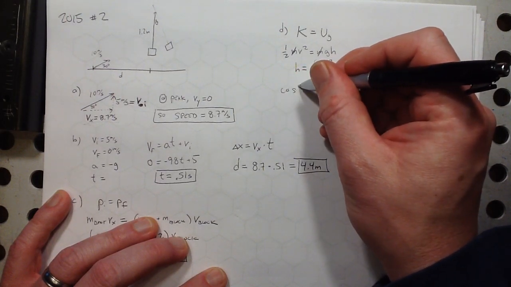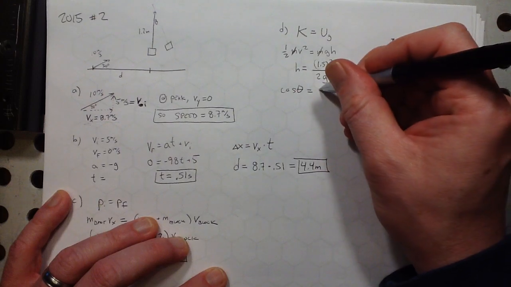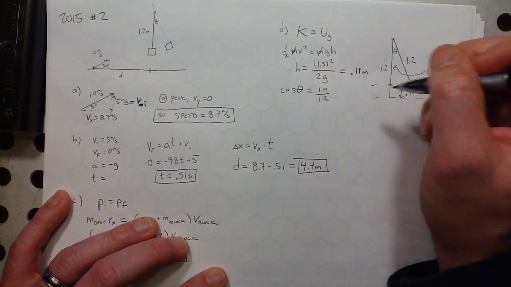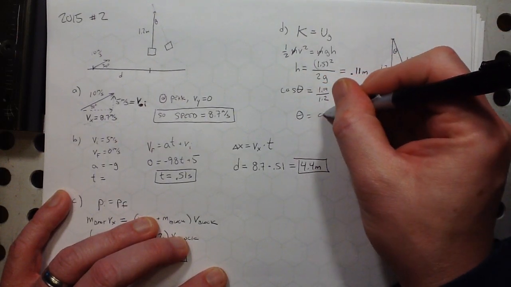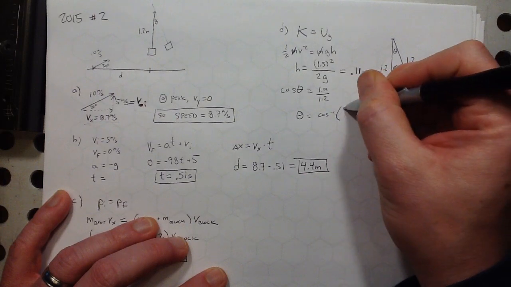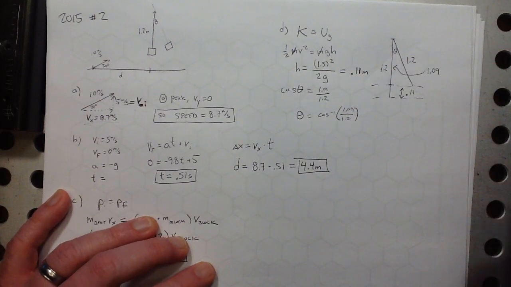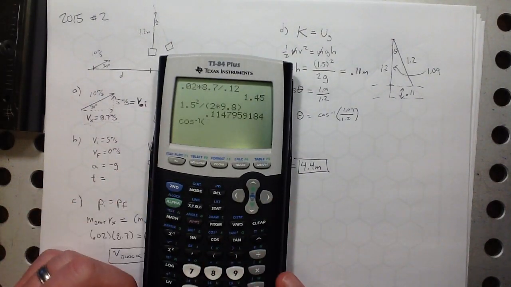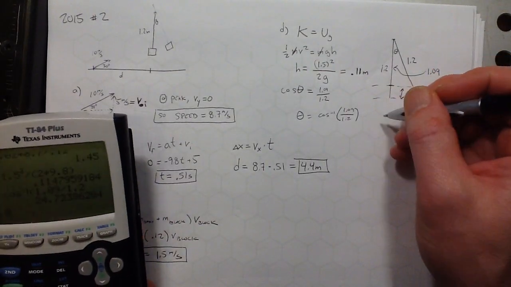The cosine of theta would be equal to adjacent over hypotenuse. So the cosine inverse of 1.09 over 1.2. That's about 25 degrees.